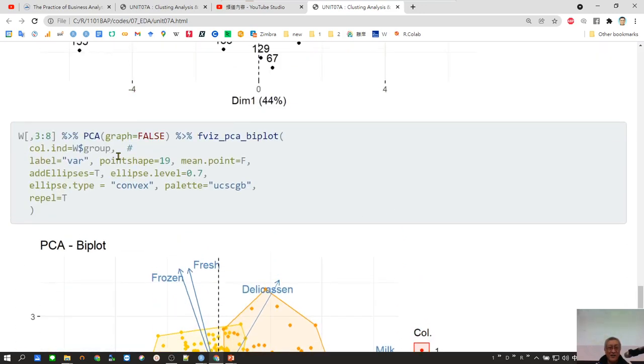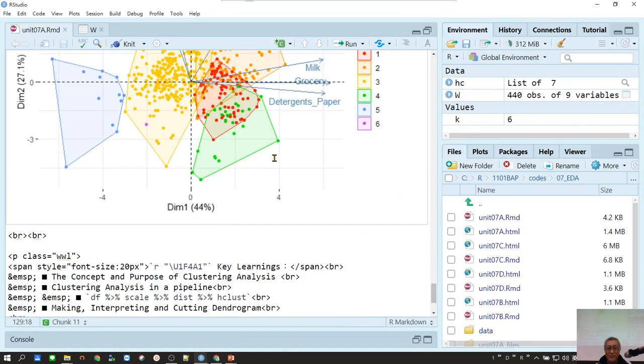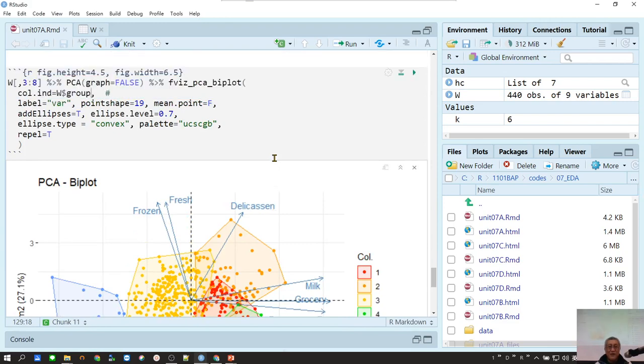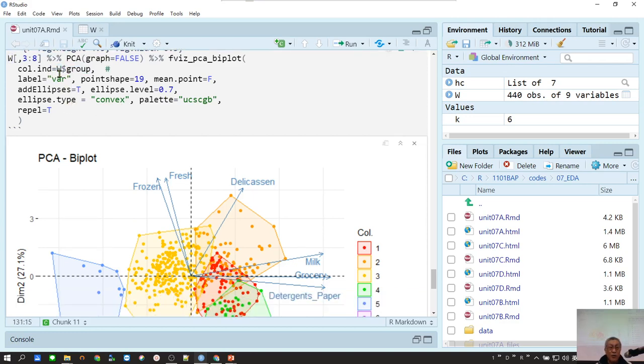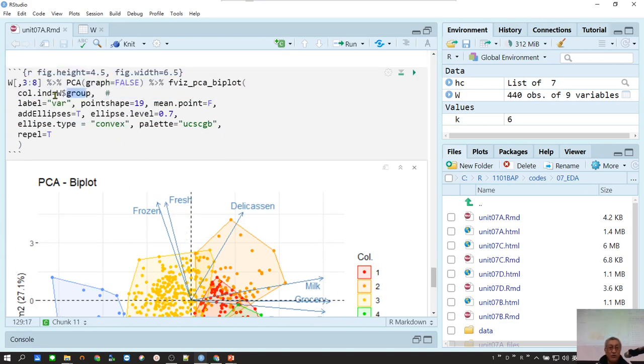Now, let me go back to here so it's easier. W is the data frame, right? So if I want to group the individuals, if I want to plot this with the result of our clustering variable, right?